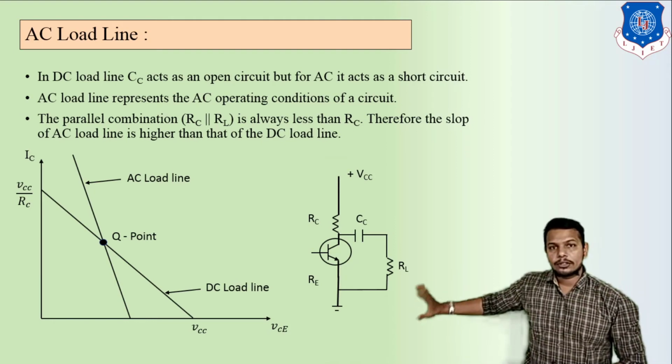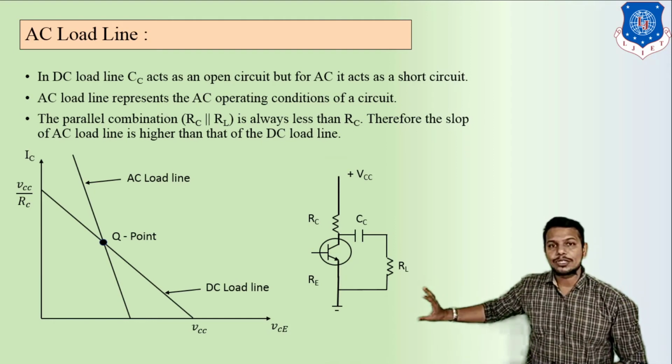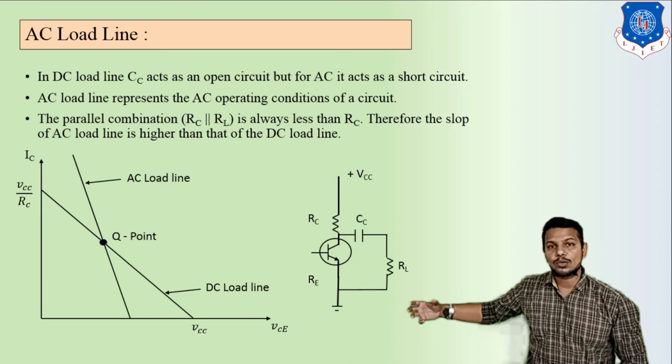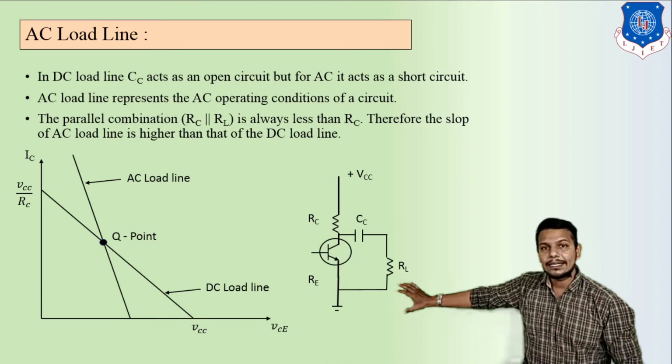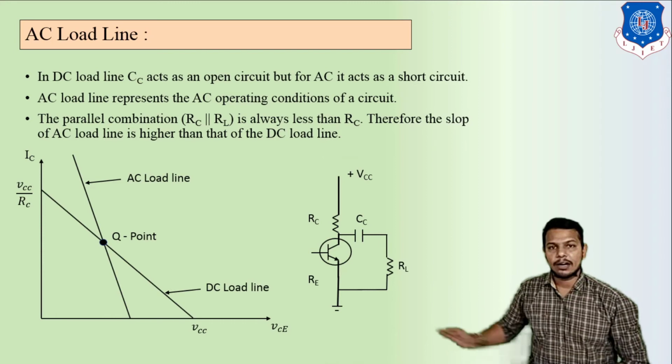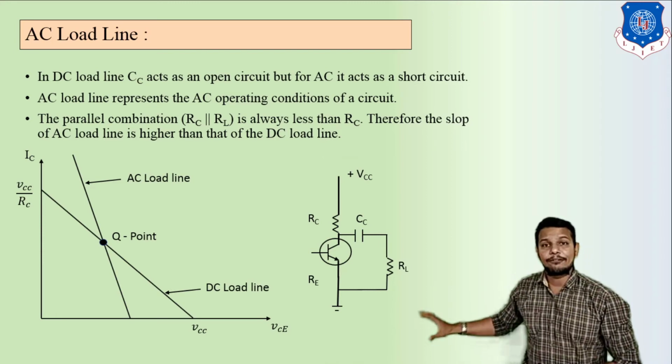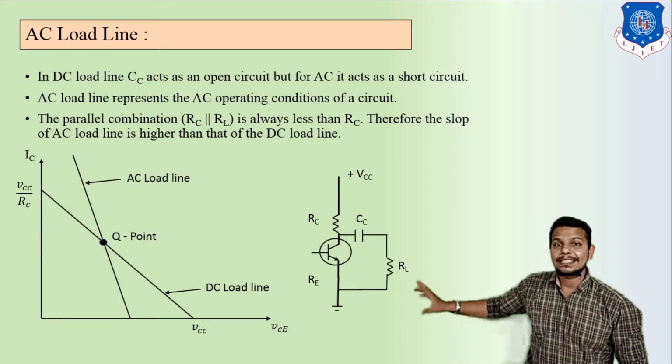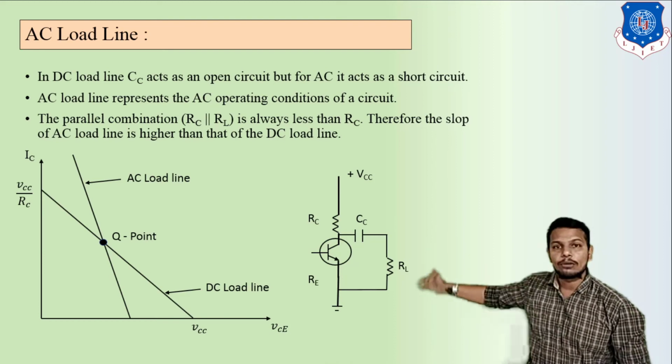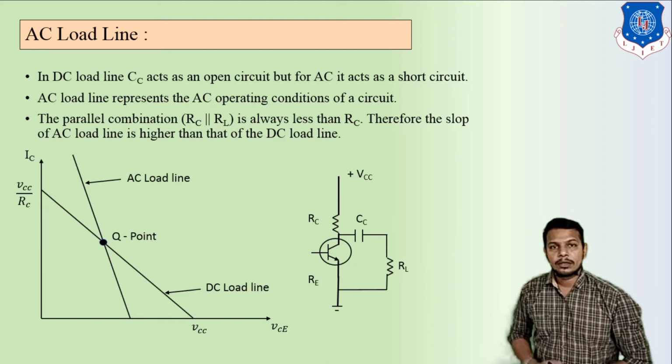Since we are going to use it for amplification, its Q point is at the center of the graph. So this is the difference between the AC load line and DC load line, as we can see from this figure.